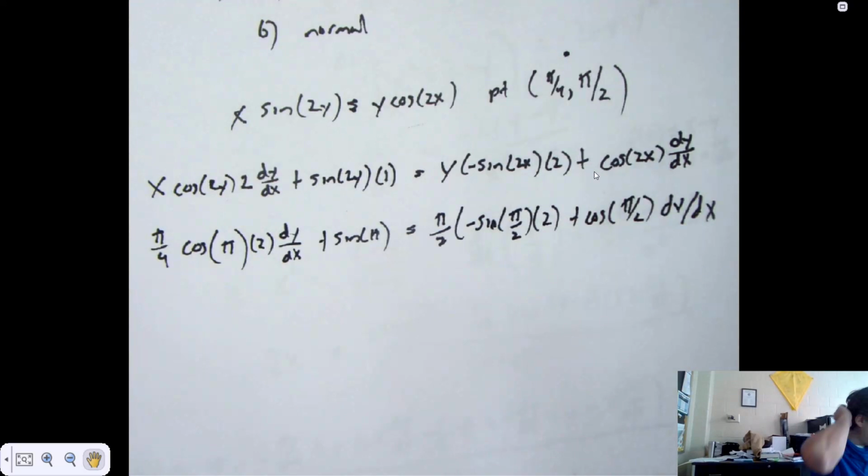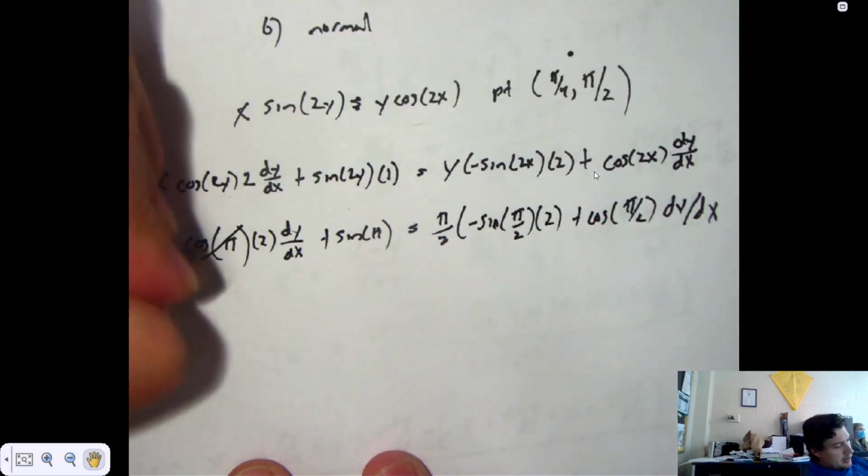Now, the reason I did that is because it is quicker for me to do this because I know the unit circle fairly well. What's cosine of pi? Negative 1. So this piece is a negative 1.